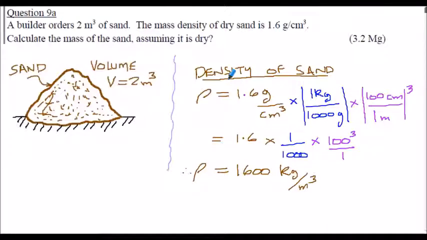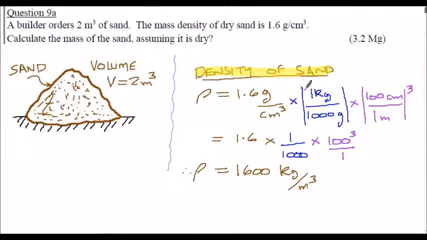Firstly, though, I've converted the density of the sand from grams per centimetre cubed to kilograms per metre cubed. I'm using the unity bracket here to undertake the calculation. We considered the use of unity brackets in a previous presentation to undertake conversions. Always remember that they're cancelling unity brackets.